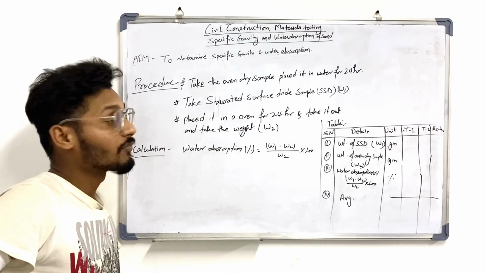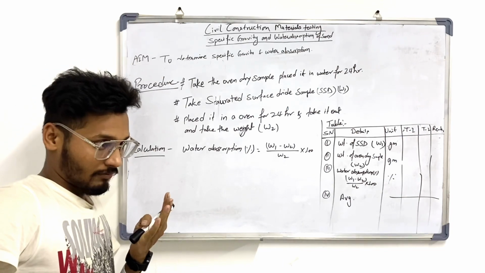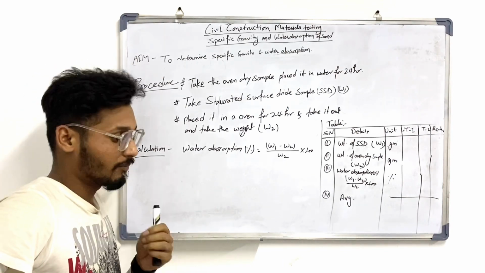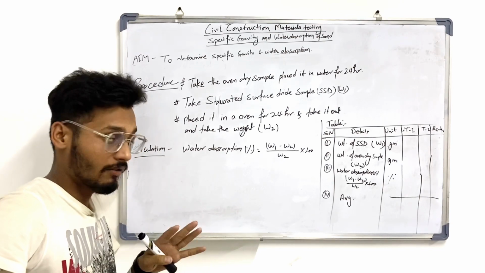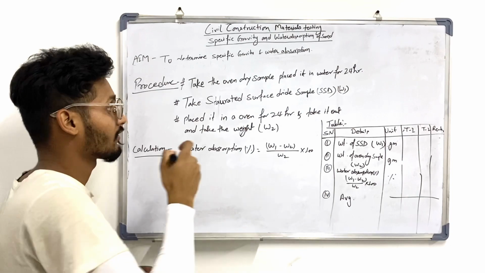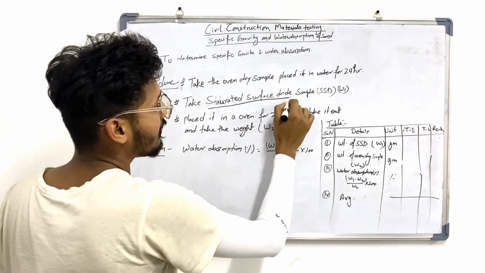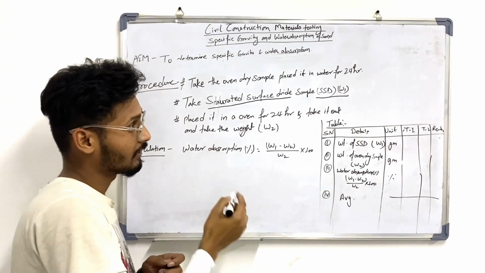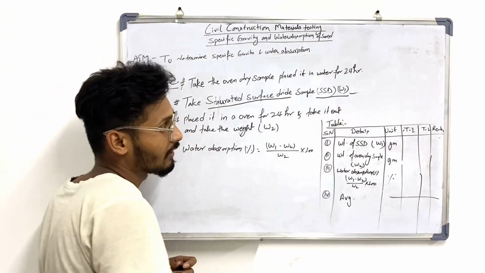Now for the water absorption, we take the same sample and place it in water for 24 hours and take it back. We make it a saturated surface dried sample, SSD sample, and take the weight. That will be our W1.